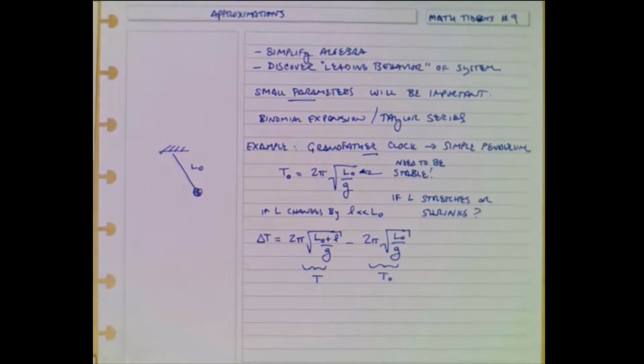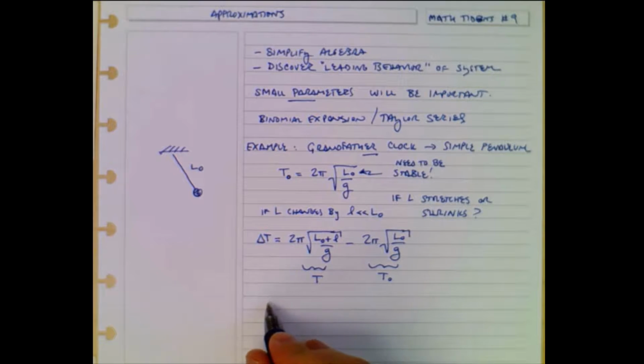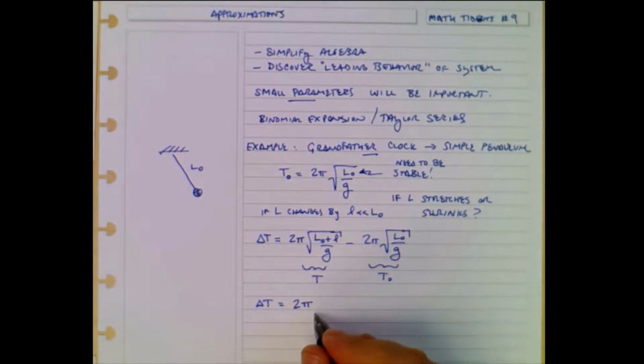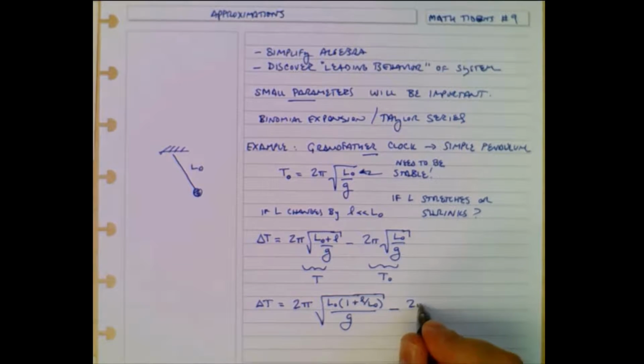So if I want to make this a little bit simpler expression, although maybe you would argue with me as to whether this actually is making it simpler or not, suppose I take that L0 and factor it out, leaving behind a 1 plus little l over L0, whole thing divided by g, minus 2 pi times the square root of L0 over g.